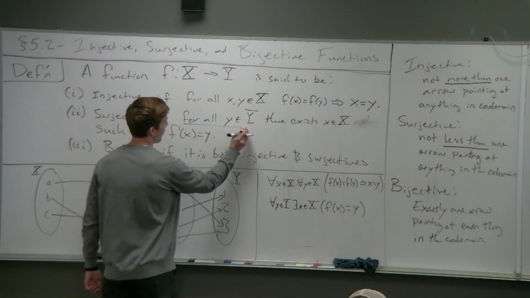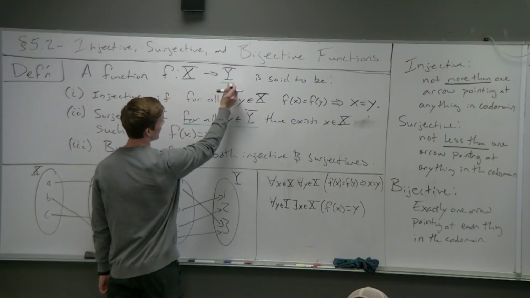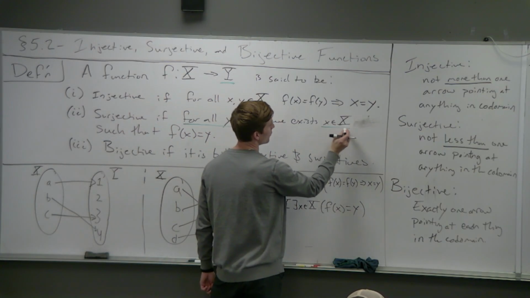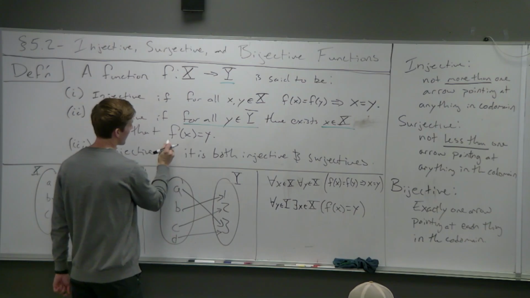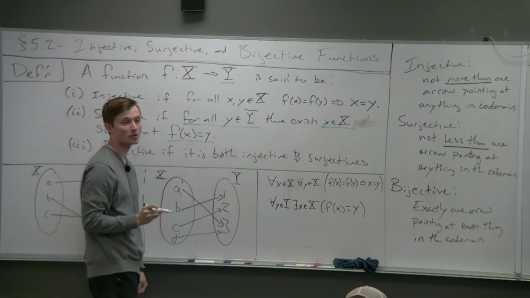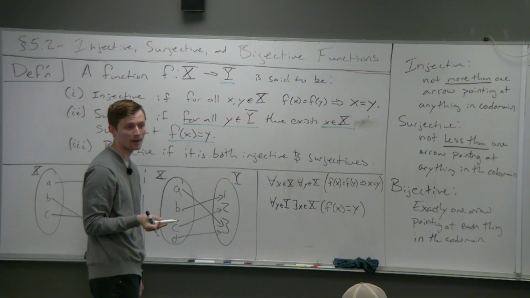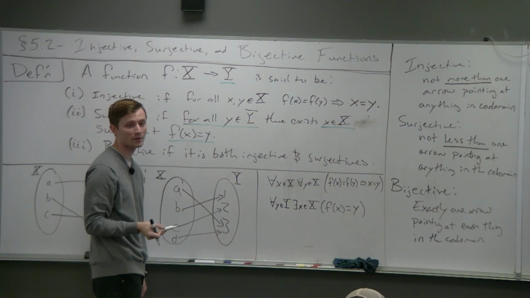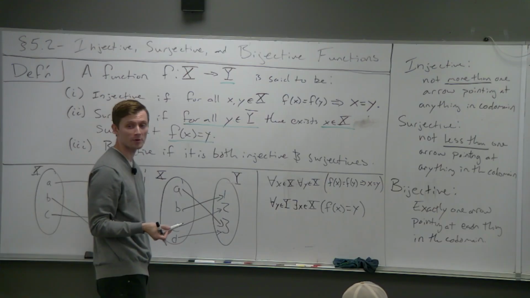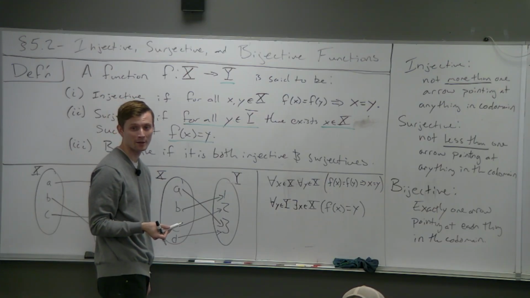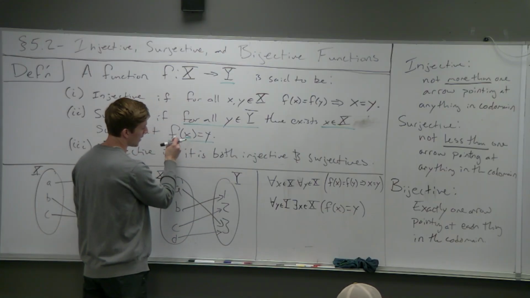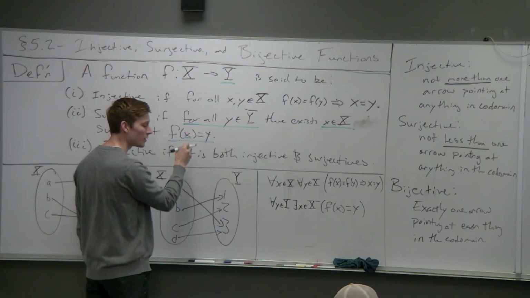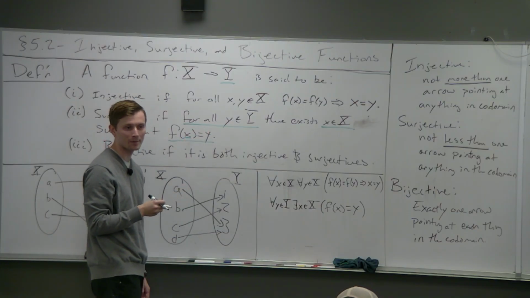For all y in the codomain, there must be at least one thing in the domain, some x, such that f of x is equal to that chosen element from the codomain. So to show something is surjective, pick an arbitrary element of the codomain, and then reverse engineer an input such that f sends that input to your arbitrarily chosen element.